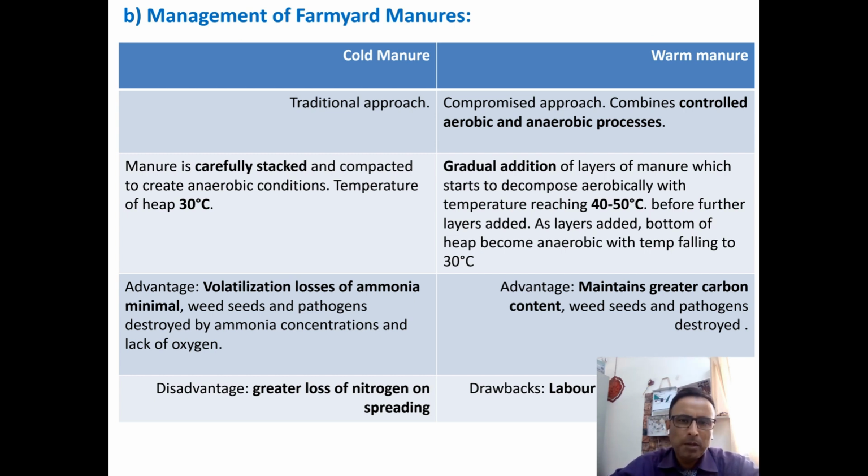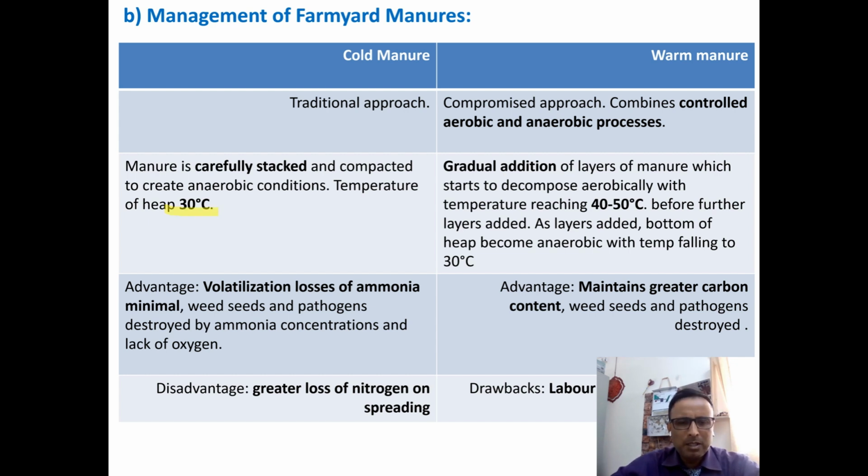One is called cold manure and one is called warm manure. Cold manure creates an anaerobic condition by carefully stacking the manure one onto another and building a total heap, right? Inside the heap, the temperature is generally 30 degrees centigrade.